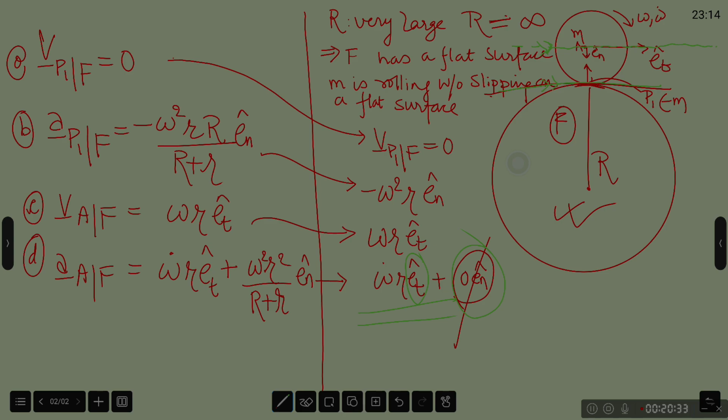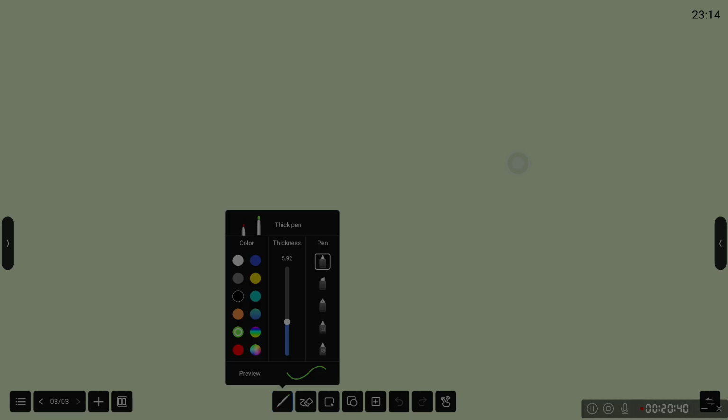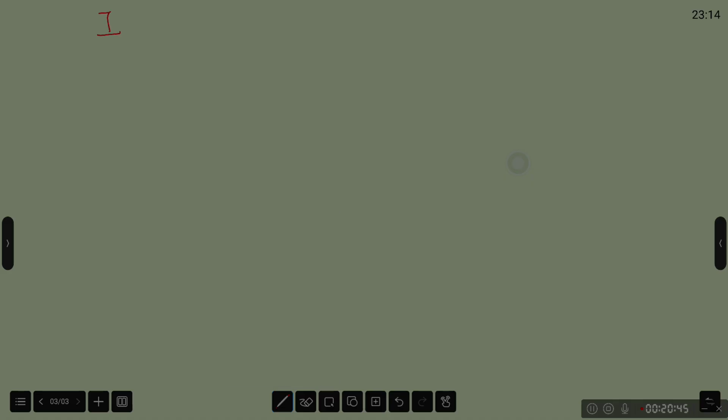the next topic of our interest is what we call the instantaneous axis of rotation of a rigid body with respect to another rigid body or frame.